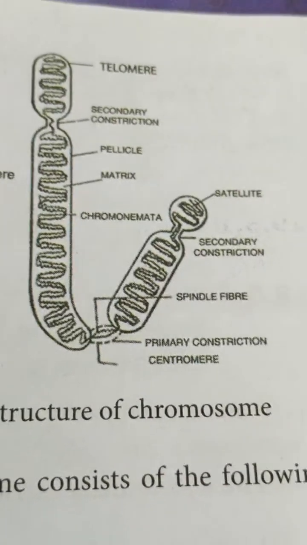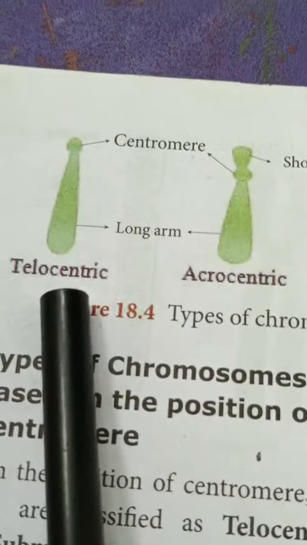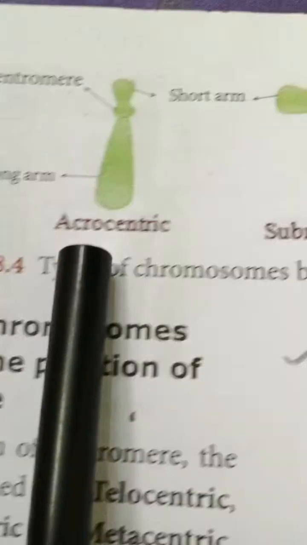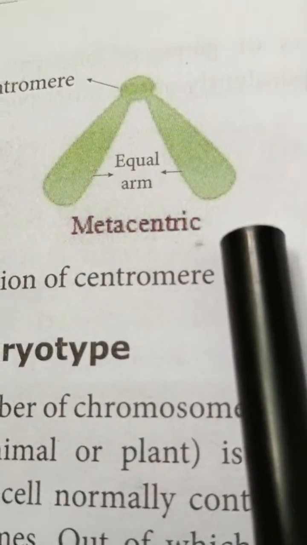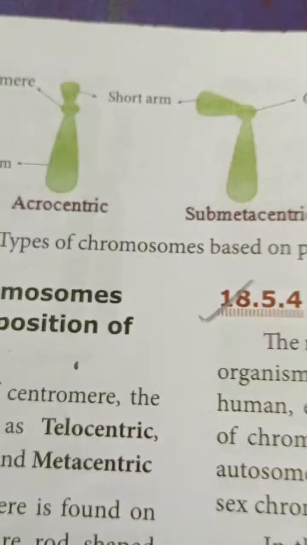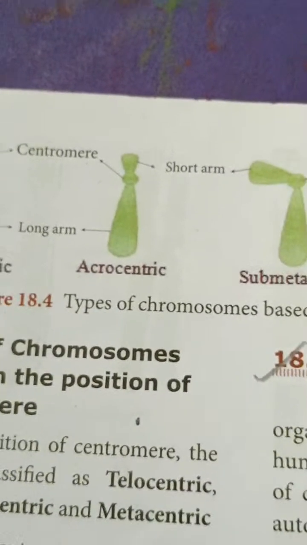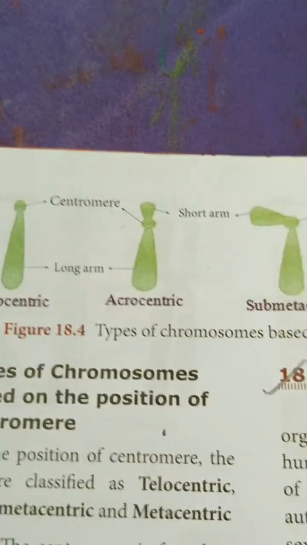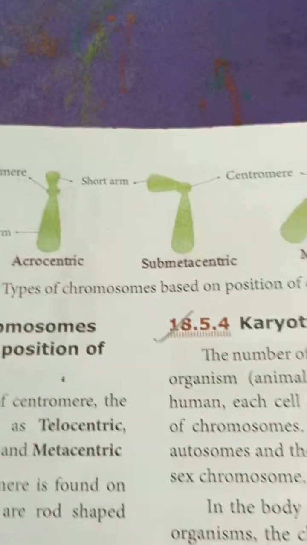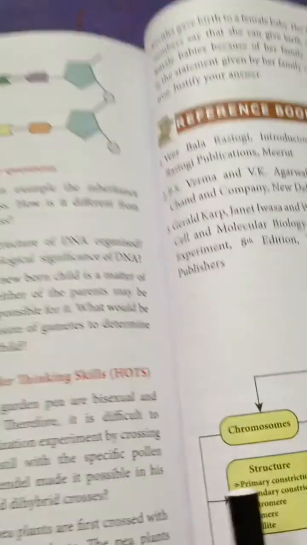Then we studied the different types of chromosomes: telocentric, acrocentric, submetacentric, and finally metacentric. For all this I have posted the video explanation, so please click on the links and you can learn better.